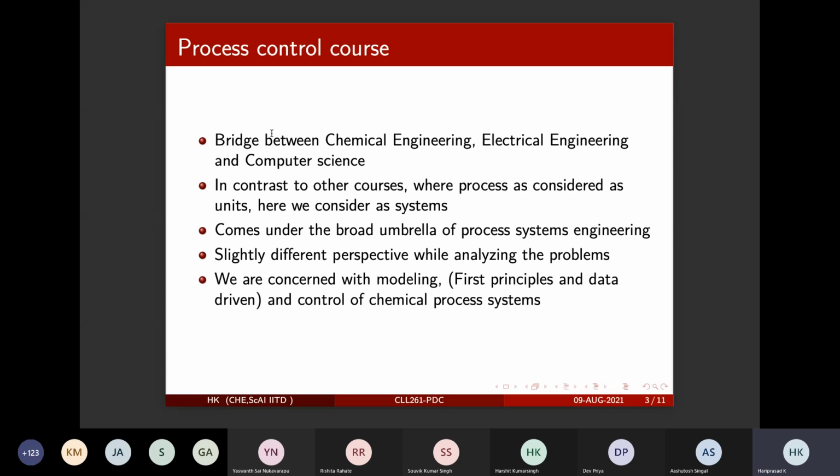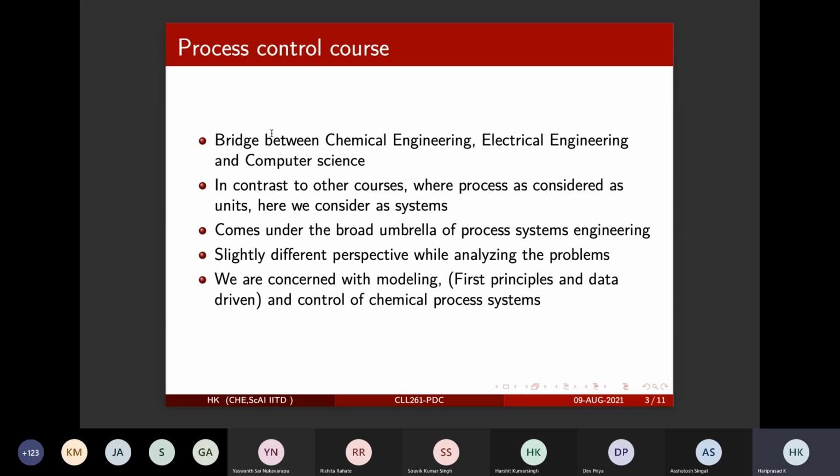A system would have a definite boundary, some inputs, some outputs, and some laws governing those inputs and outputs, and that is what we would look at from the system's point of view. Once you capture that system level information, then the chemical engineering aspect of it ends there.